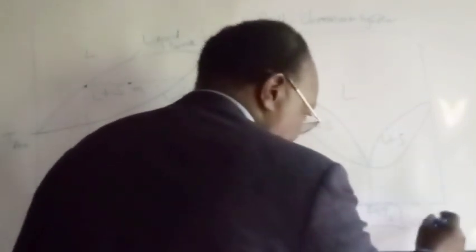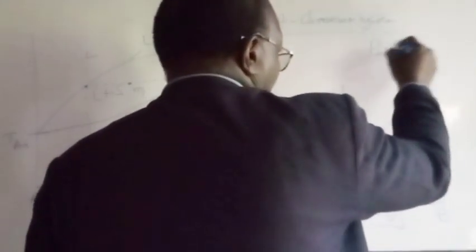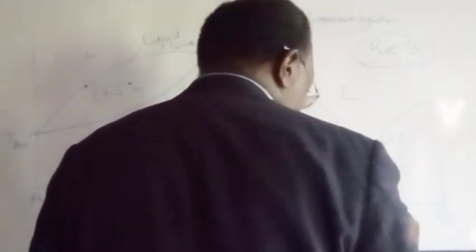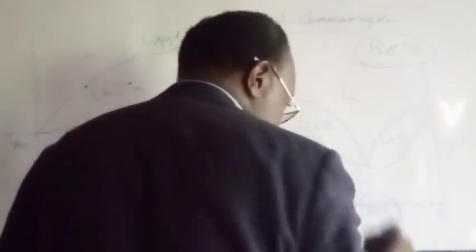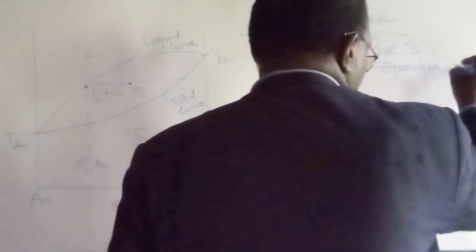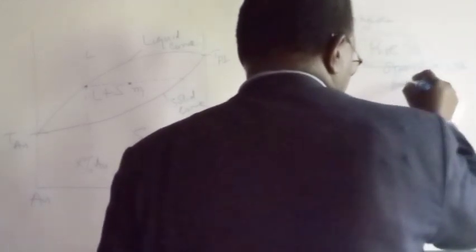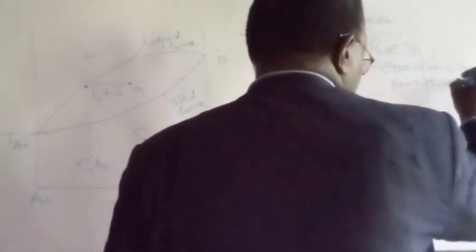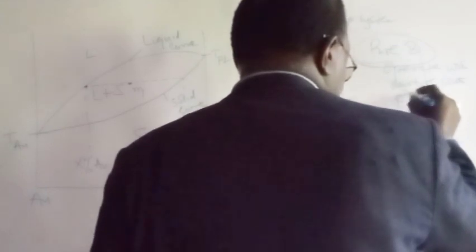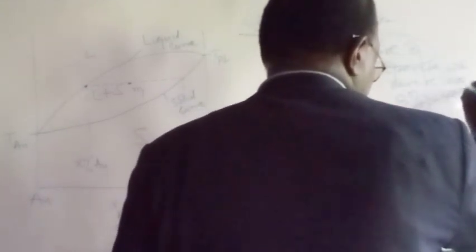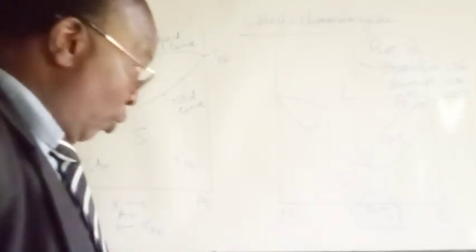Then for you to get pure B, you have to operate with mixtures which have above 49% of B. You must operate with mixtures with B percentage greater than 49%. Otherwise, you won't get that.